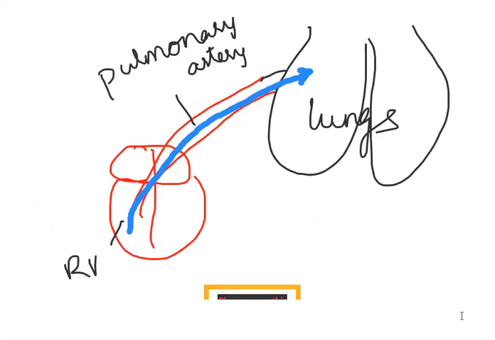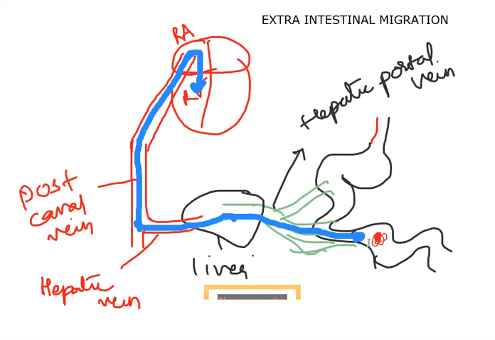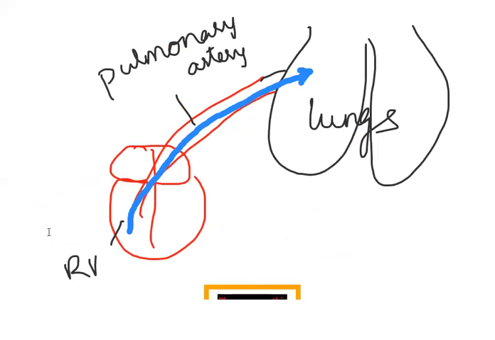The total journey to remember: small intestine, hepatic portal vein, liver, hepatic vein, postcaval vein, then right atrium of the heart, then right ventricle of the heart, and from the right ventricle into the lungs through the pulmonary artery.